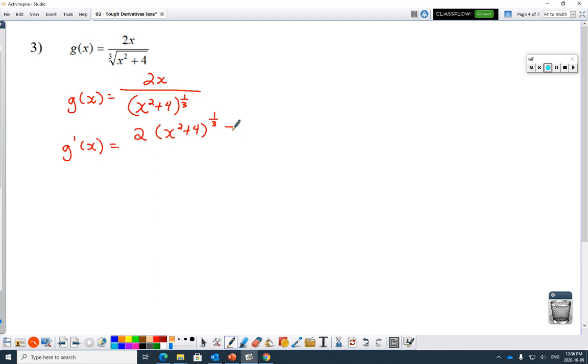After I write this down, I'll let you stare at it for a minute. Derivative of the bottom times the top, all over the bottom squared.